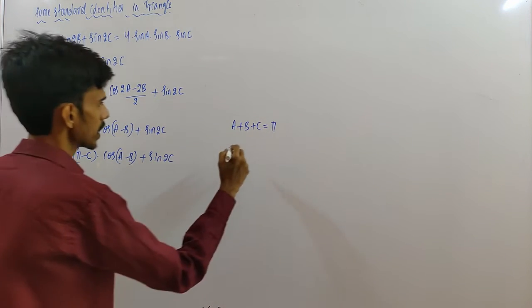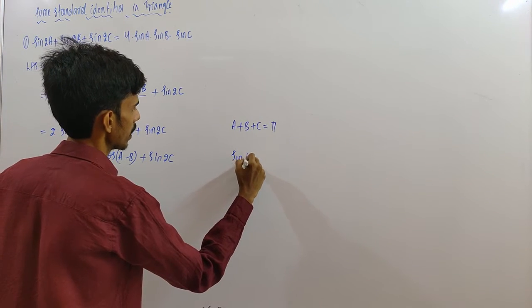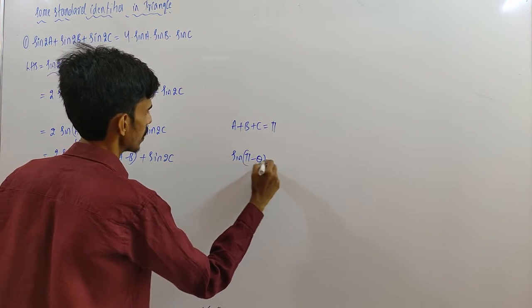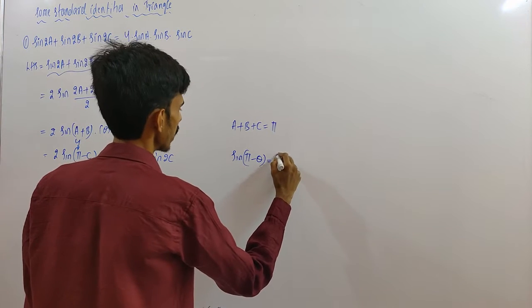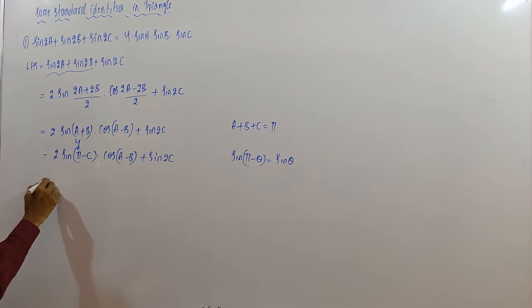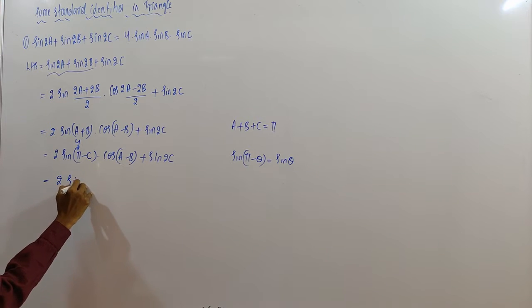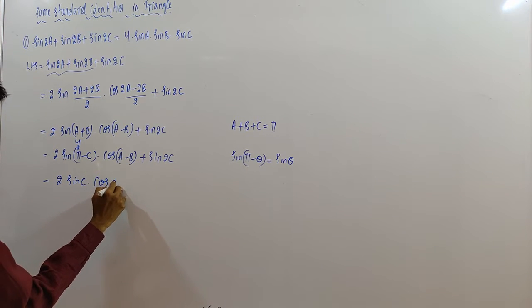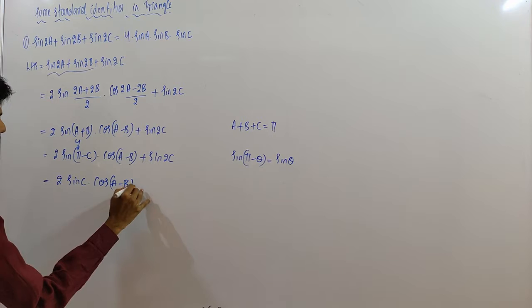Sin (pi minus theta) value is sin theta only. So this will become sin C, 2 sin C into cos (A minus B).